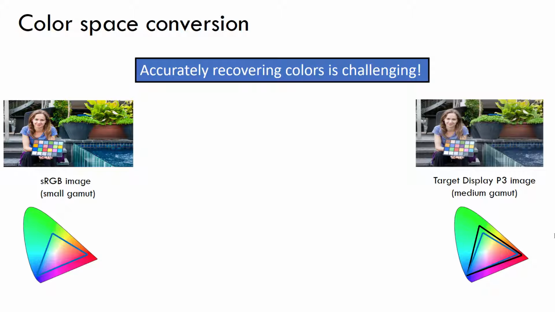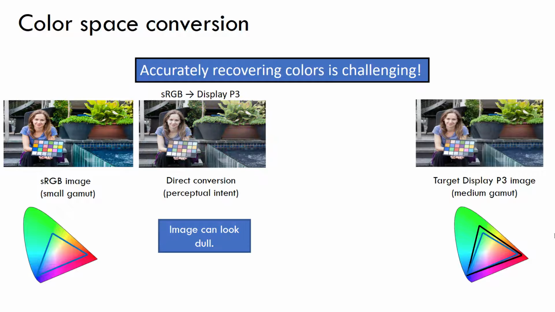And this is challenging because you're given an input image that's a small gamut. You're trying to target a larger gamut. And let's assume that we actually knew what the larger gamut was. So let's just say that somehow I had the ground truth for what these color values should be in our target medium-sized gamut. So, given the image, you try to convert it.